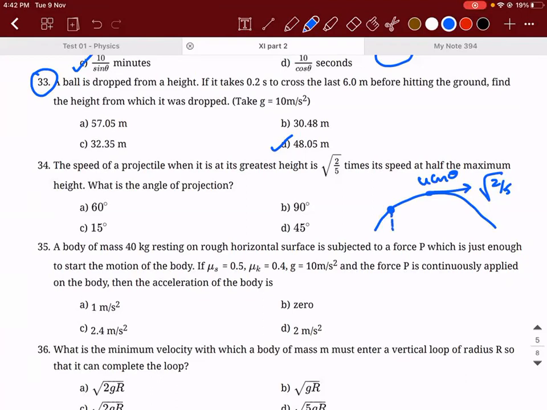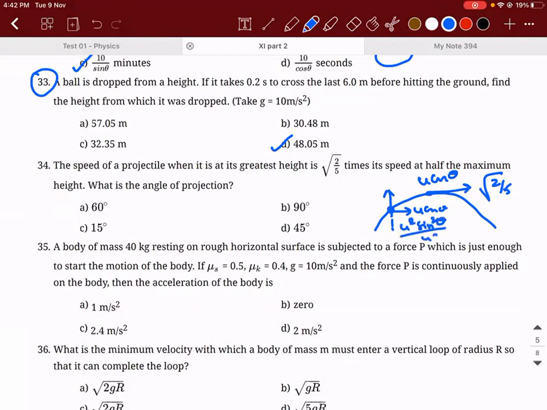At half of the maximum height, how do we solve this? It's a slightly tricky one because here also the velocity will be u cos theta, but what about the y component of the velocity?